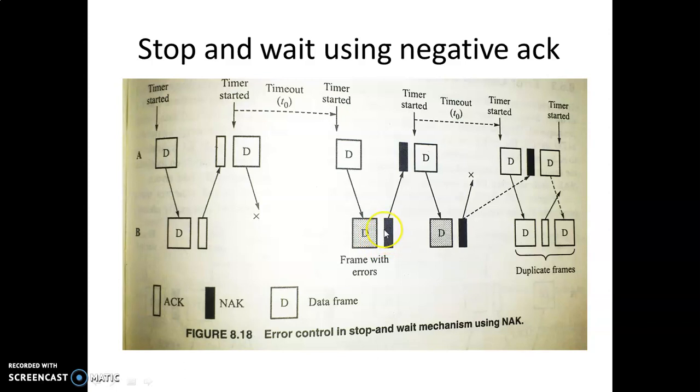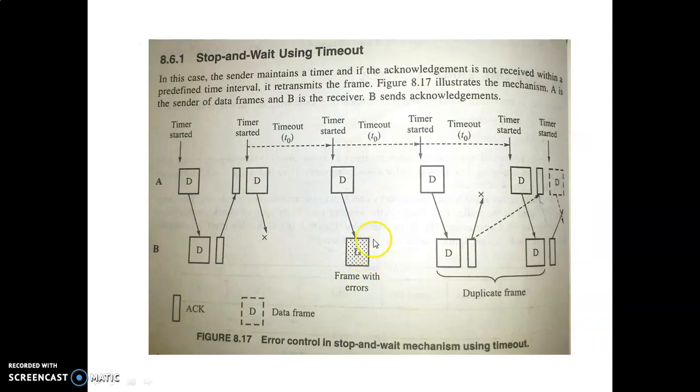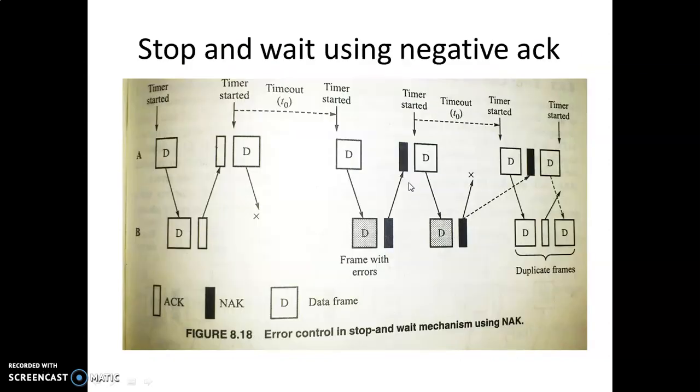In the previous method, when the frame was received with error, it did not send anything, so the sender had to wait for the full 5 milliseconds. If the receiver had told the sender within 1 millisecond that it was received with errors, 4 milliseconds would have been saved, since the timeout is 5 milliseconds.